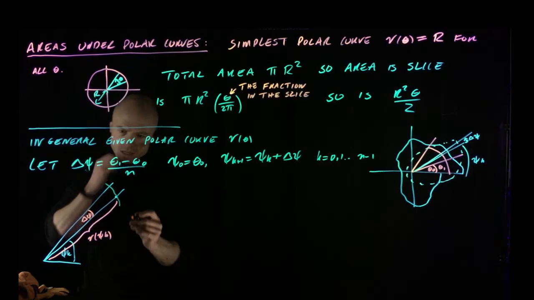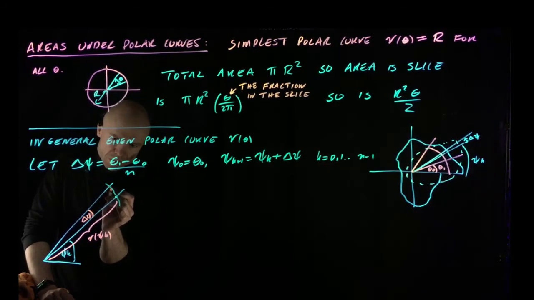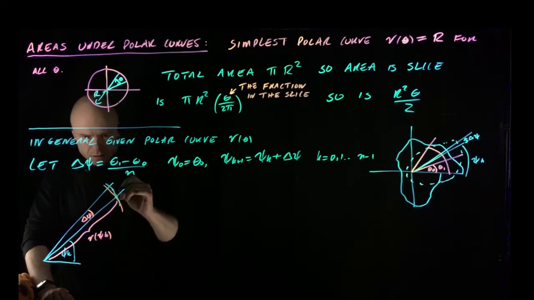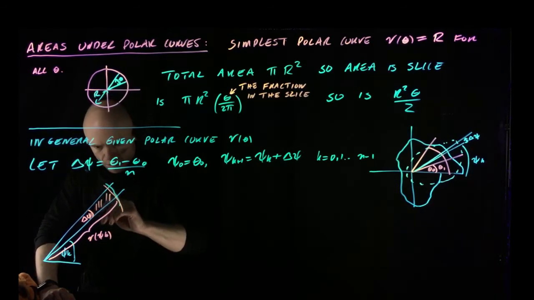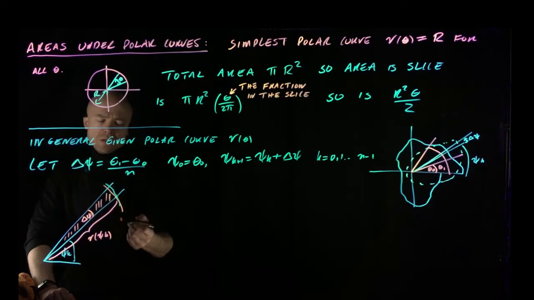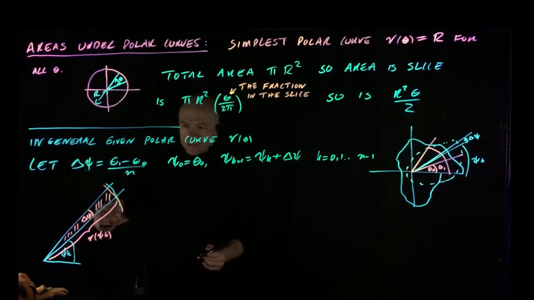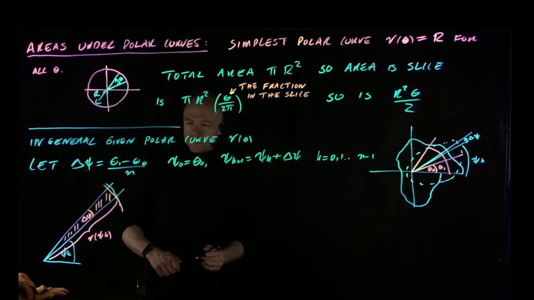But let's just imagine that we approximate it by taking the circle of radius r of phi k. So the circle of radius r of phi k is going to go like this. And if we just calculate this thing, that's incredibly close to the thing we're trying to calculate. There's a little bit of error here, but it's absolutely negligible compared to the angle delta phi k, right?